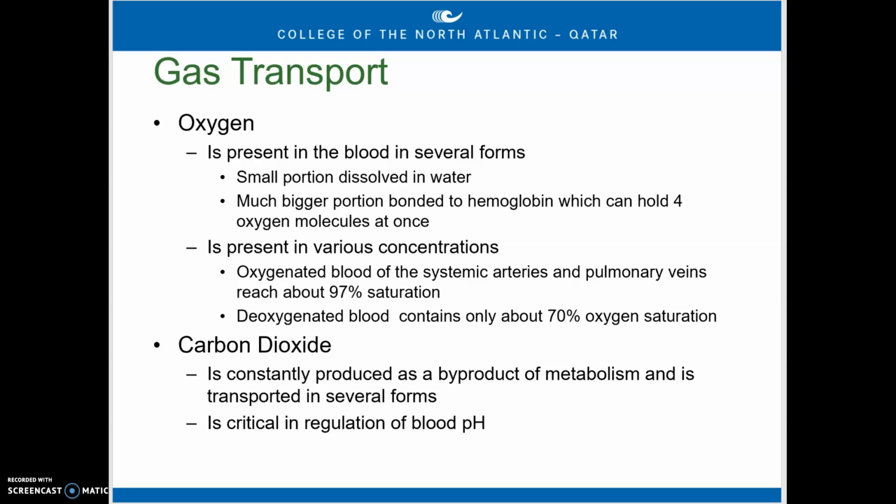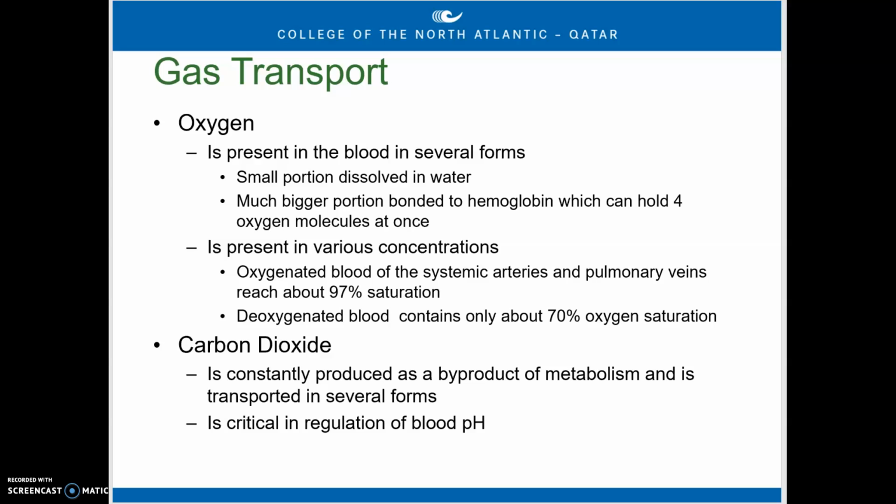Okay? Now, it's present in various concentrations. Oxygenated blood in the systemic arteries and the pulmonary veins reaches about 97% saturation. Okay, so 97% of the blood's potential capacity is full when we have oxygenated blood.